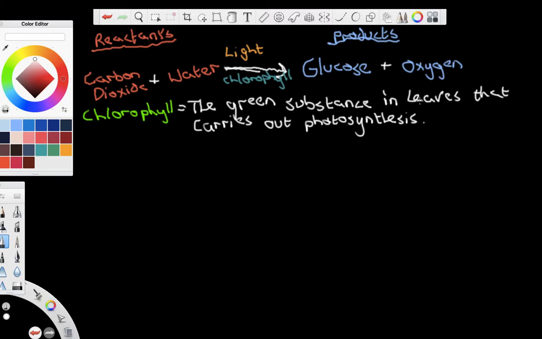Okay, so it is the chlorophyll that allows the plant to do photosynthesis.